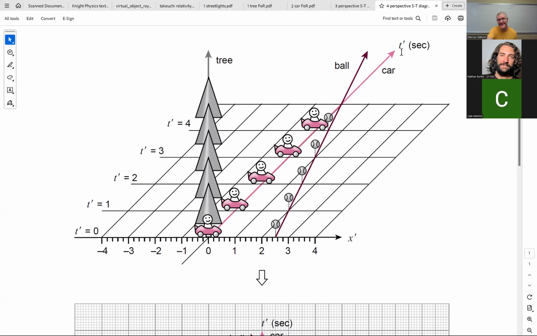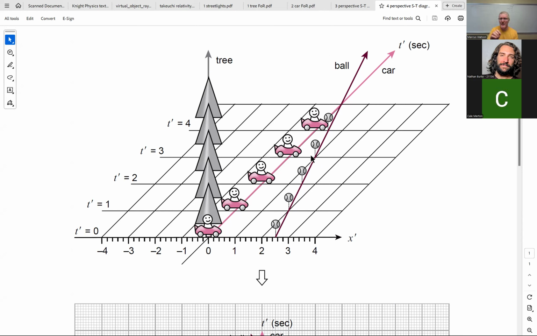Not necessarily, I would call this the T frame. Anyways, the car is at the 0 point, x equals 0, all along the time. So its position does not change according to it. The tree moves backwards, so that would be towards the left, and that's the tree going that way. And here's the ball approaching at a slightly different speed and eventually hitting the car.